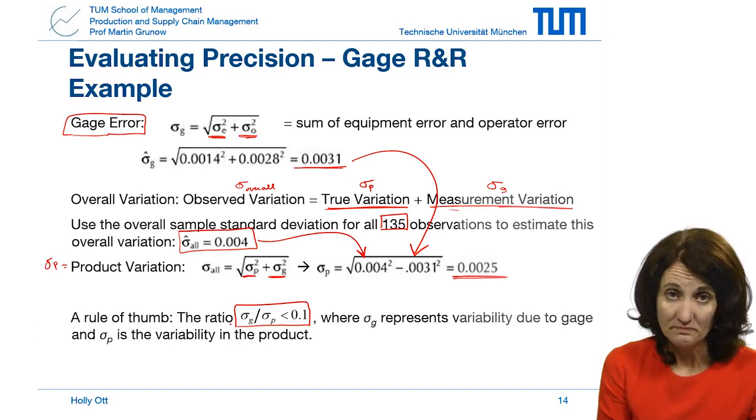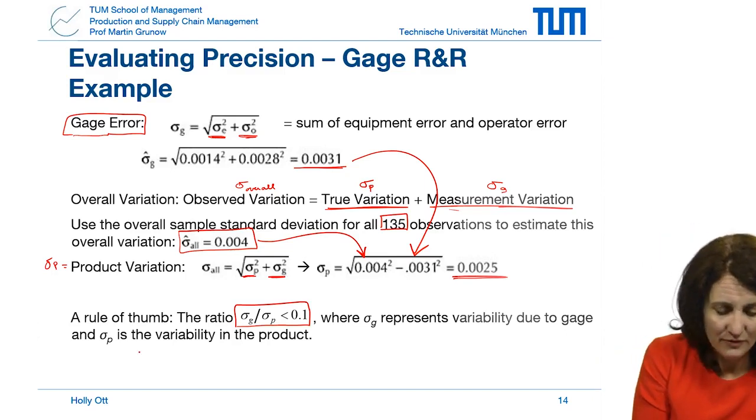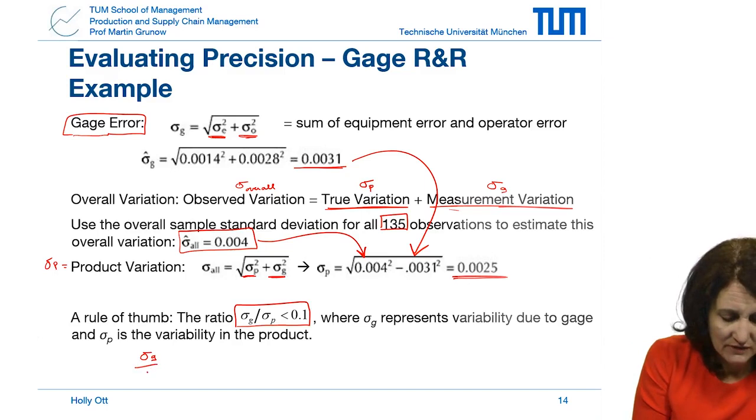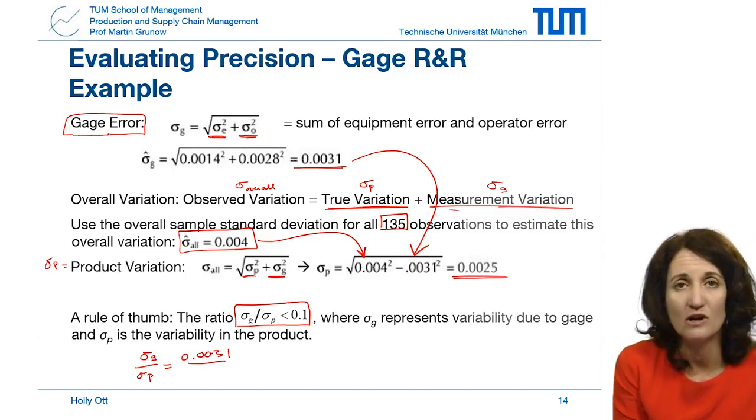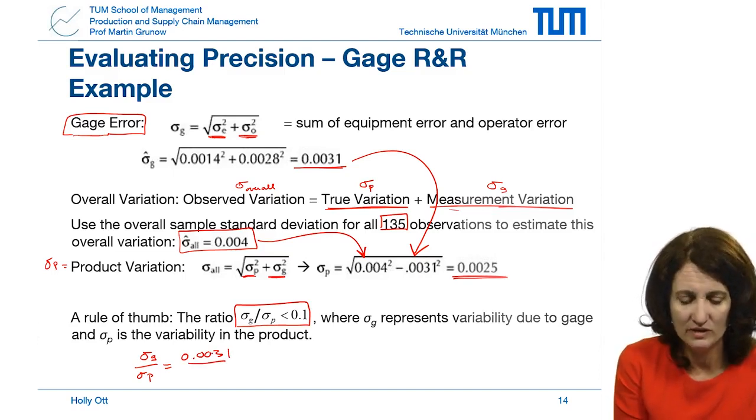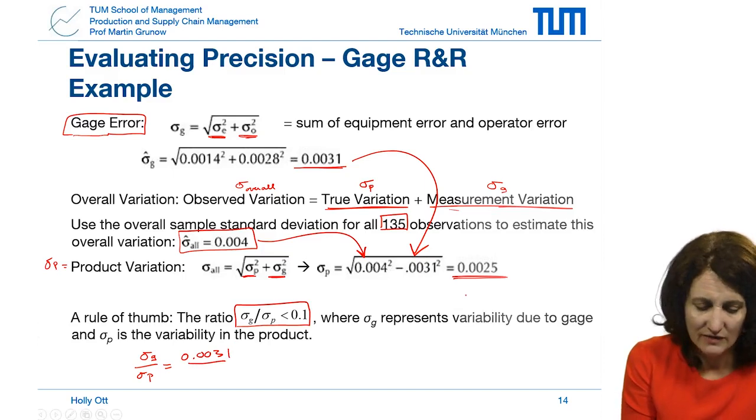Now, what happens in this example? Sigma g over sigma p, we get 0.0031. Don't forget, these would be, in our course, given to us. We don't have to do the calculations. We have sigma p 0.0025. Can you see the problem?